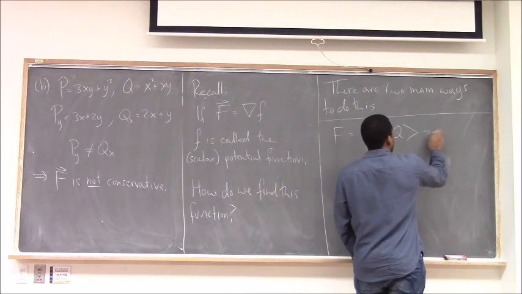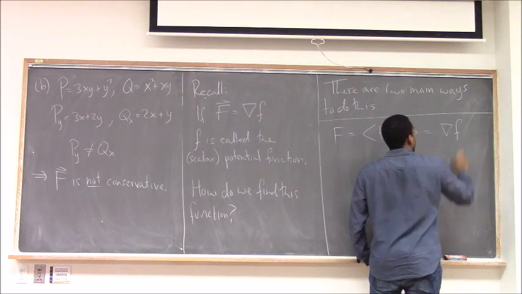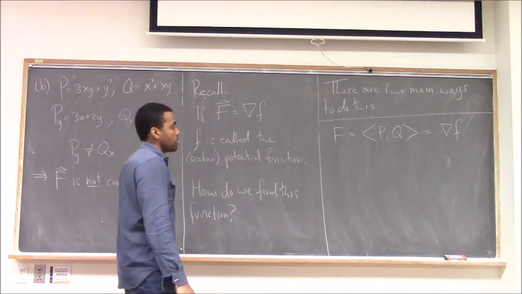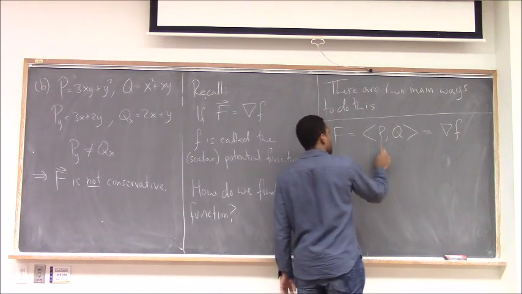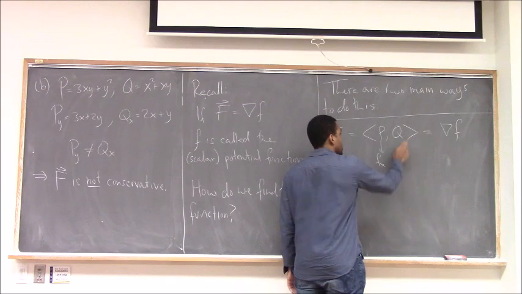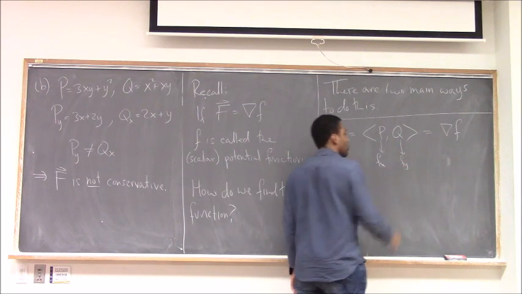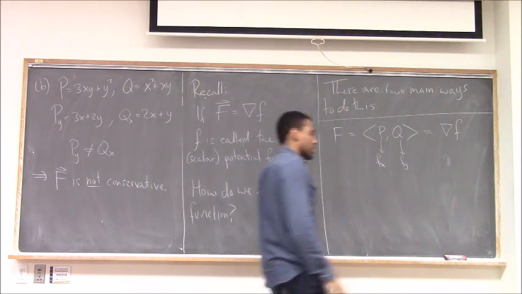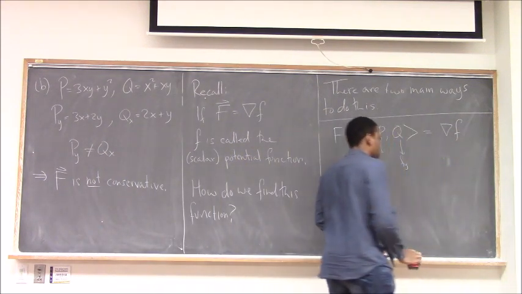Where this is the gradient of something. What would that mean about the P and the Q? It means that my P I can think of as the partial with respect to x, and my Q I can think of as a partial with respect to y. Okay? So using that fact and noticing that pattern is what's going to help us come up with these methods.